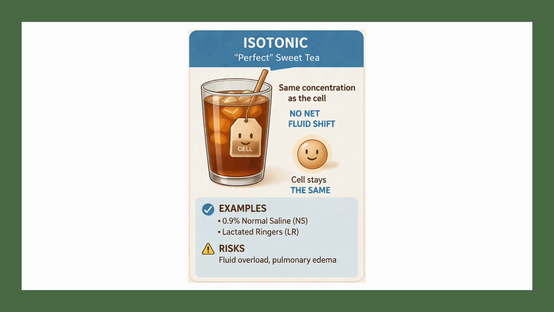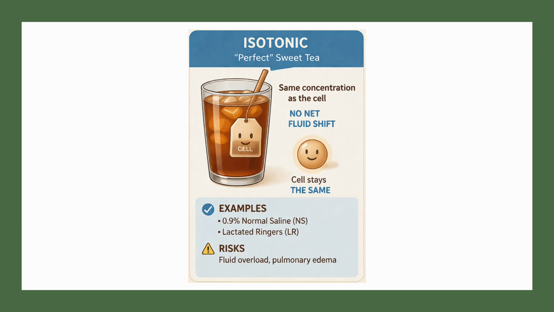Let's talk about some risks, though, with giving an isotonic solution. So why would there be a risk if this is supposed to not change the cell and doesn't allow any fluid shifts? Well, the whole goal of isotonic solution is to simply hydrate the patient that may have lost just some volume. They haven't had any shifts of fluid in or out of the cell, they've just lost some volume. For example, basic dehydration or maybe even blood loss.